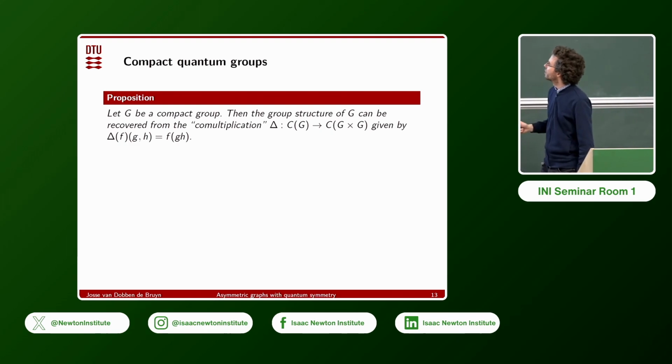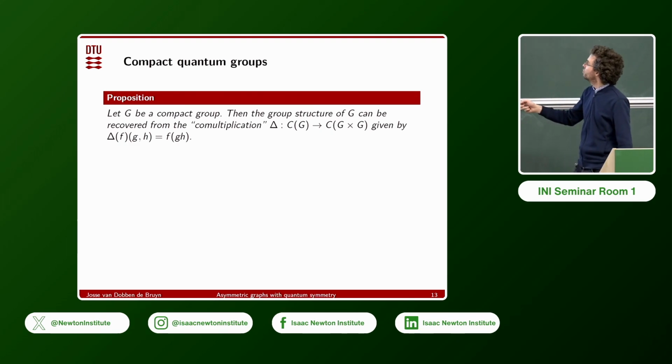Okay, so if we have a classical compact group, then you can recover the multiplication structure actually from this co-multiplication that's defined on the functions on the group. And this co-multiplication is just this map from C of G to C of G cross G that does this.